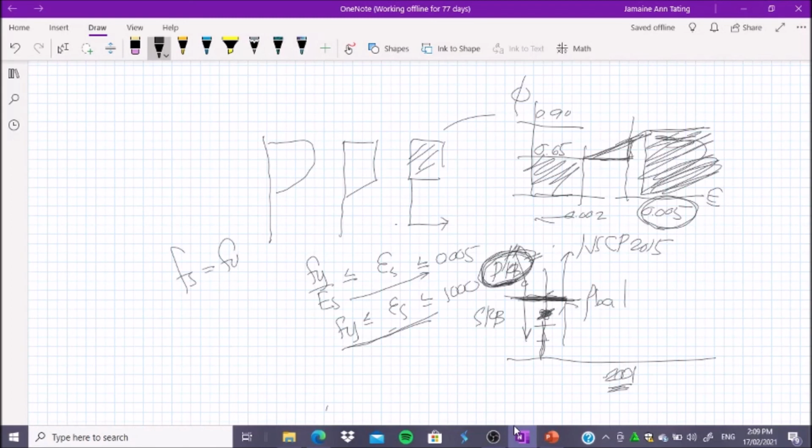Para sigurado mag-yield yan. Kasi pag dito ka, pag pinaabot mo dito sa balance, yung kumbaga yung AS na ipoprovide mo is nasa AS balance na. Pwedeng later on, pag check mo, ay over-reinforced pa rin. Okay. So kasi itong rho balance, pwede sabihin mo AS balance din. Kumbaga yung AS max natin, pwede natin gawing 0.75 of AS balance.